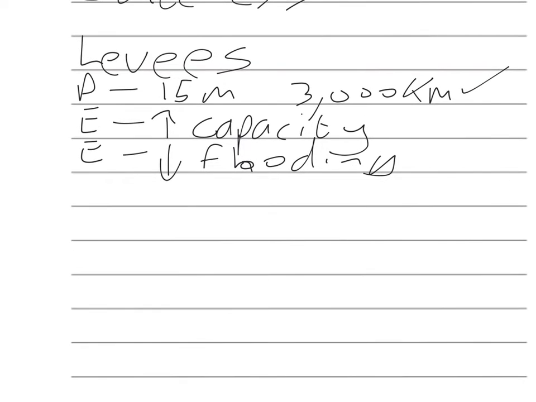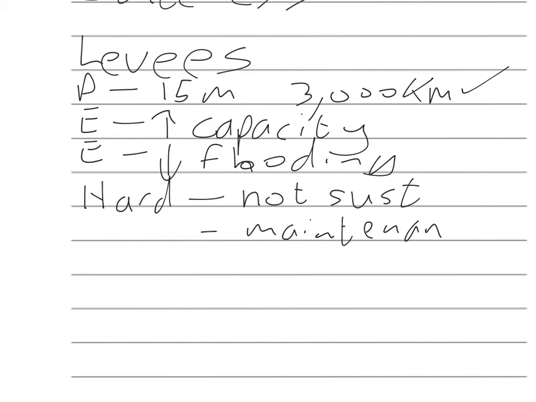The idea here is that the levees are a hard engineering strategy, so they are not sustainable because they will require maintenance, to ensure that if they broke, the flood wouldn't be worse than it would have been.